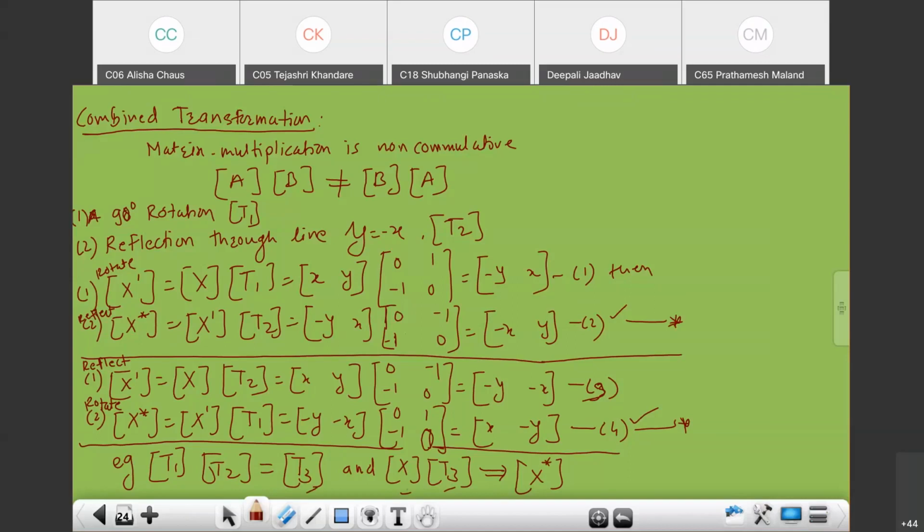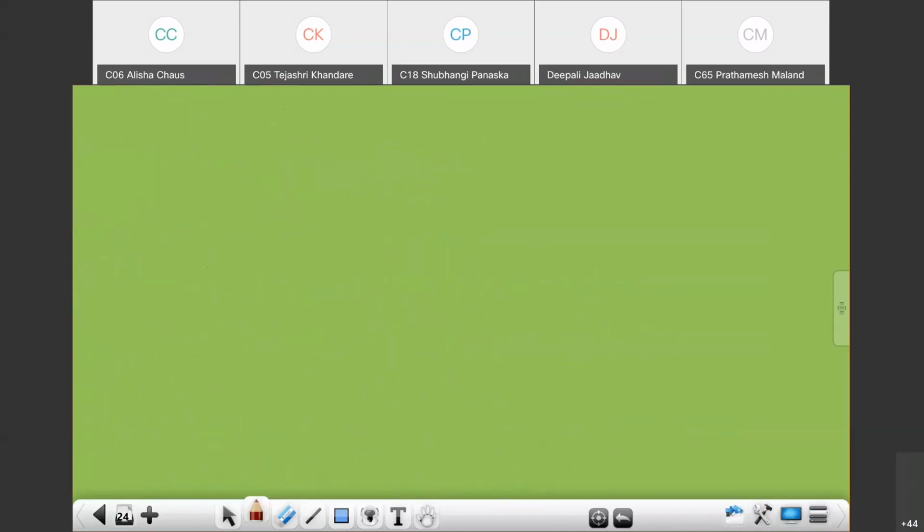Now see it with an example. Consider the triangle ABC with coordinates 2, 2, 4, 2, 4, 4.